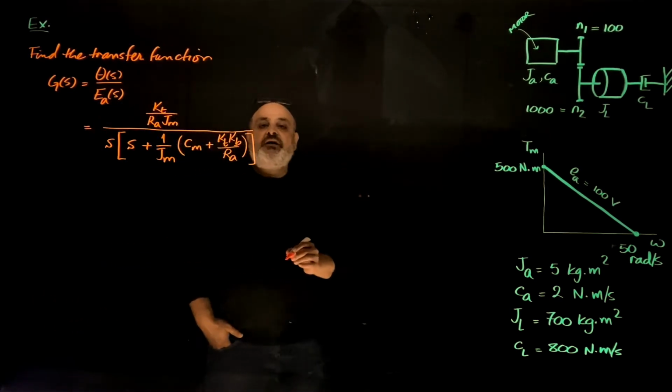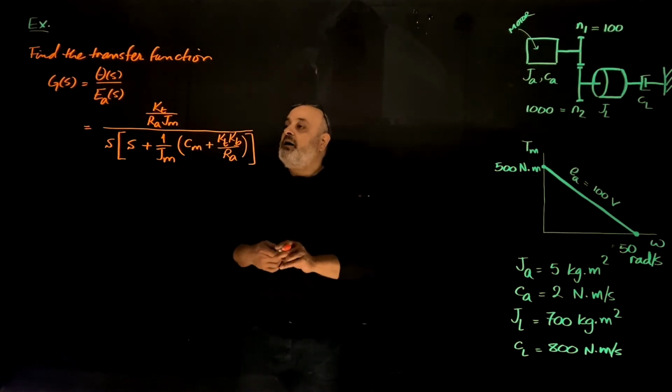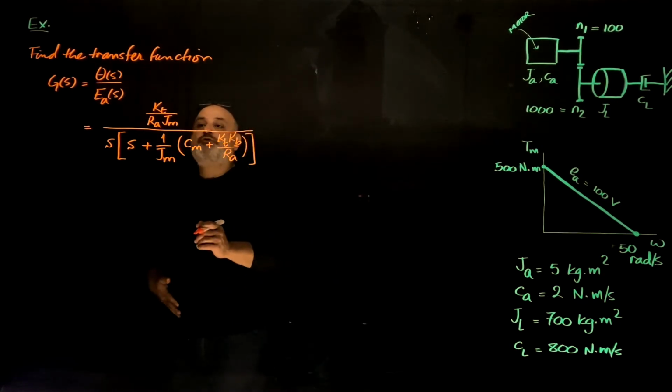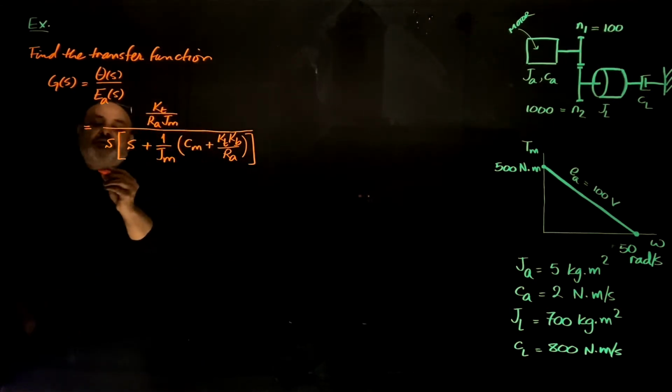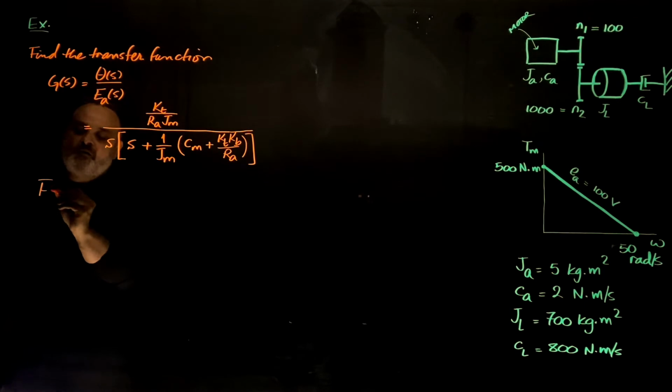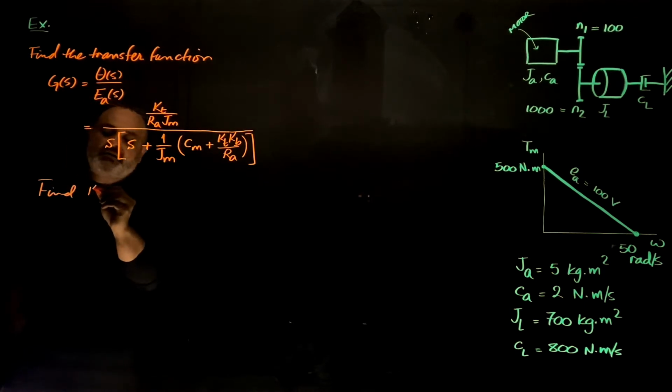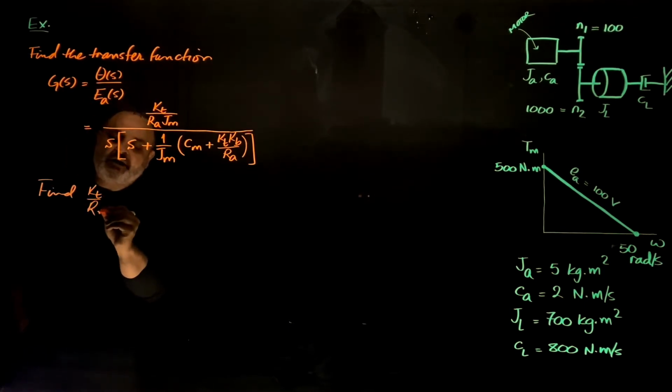So I'm going to need a couple of parameters here to find this transfer function. Basically, I need KT over RA.